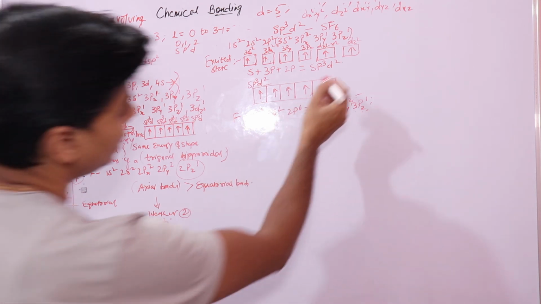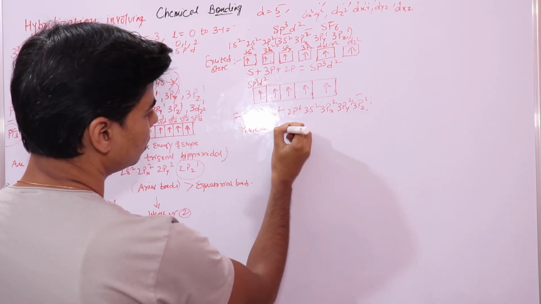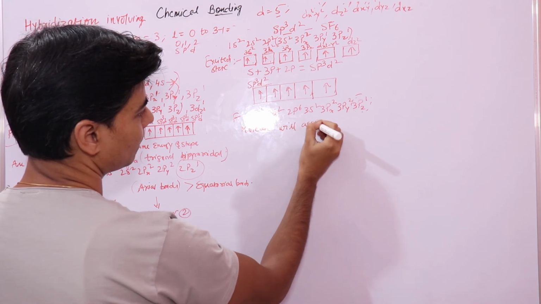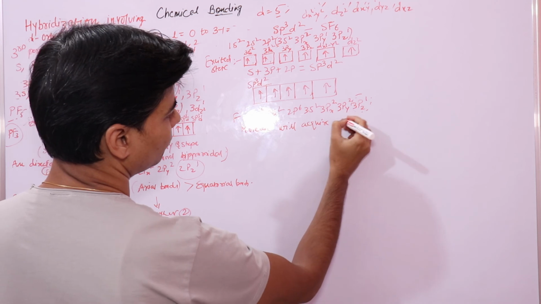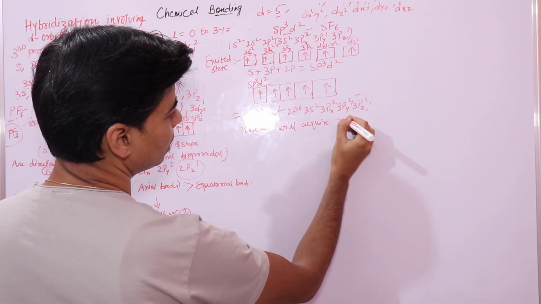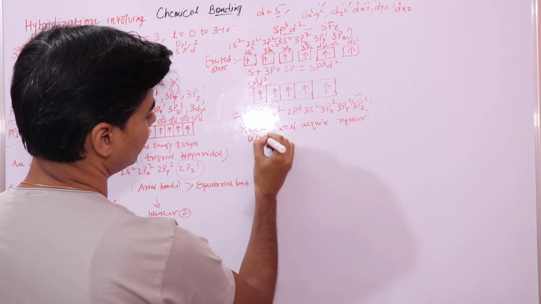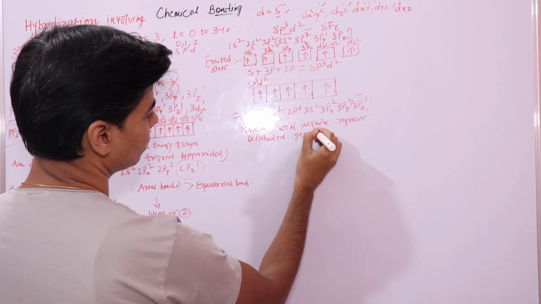Due to sp3d2 hybridization, the molecule SF6 will acquire regular octahedral geometry. Let's see how it looks.